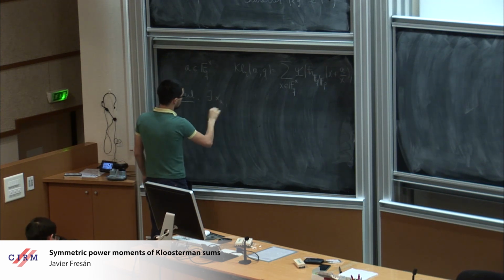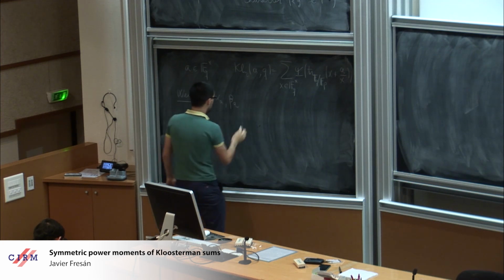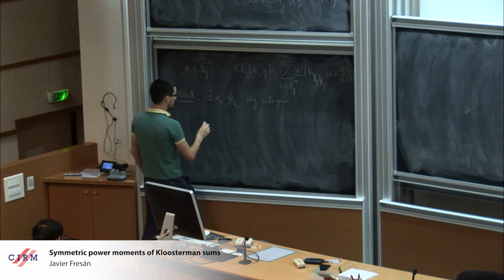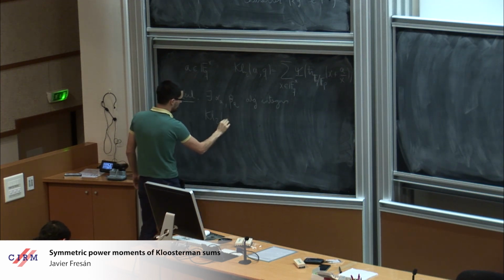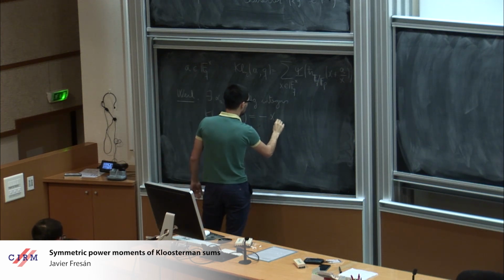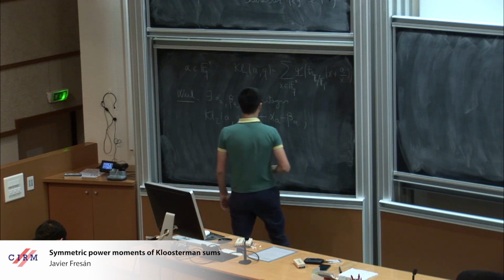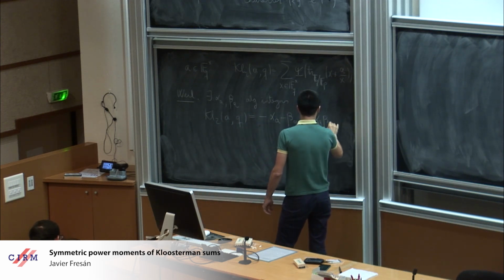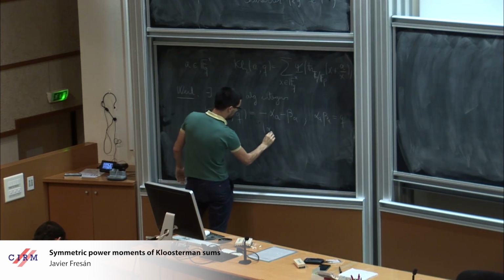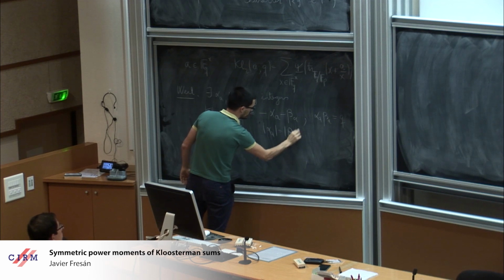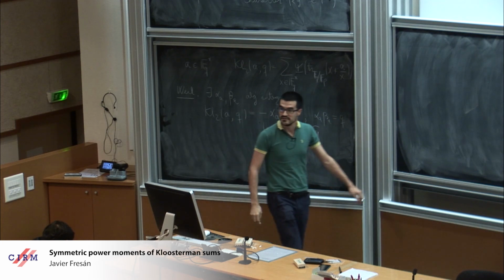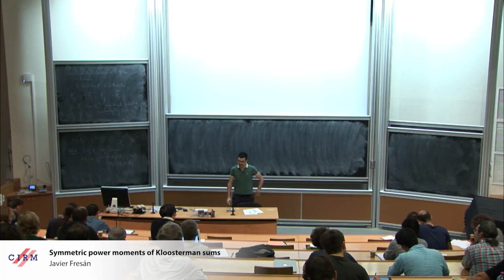So there exist algebraic integers alpha_a and beta_a such that KL_2 is equal to minus the sum of these numbers, and their product is equal to q, and they have absolute value square root of q. Okay, so these will of course be eigenvalues of Frobenius in 5 minutes.